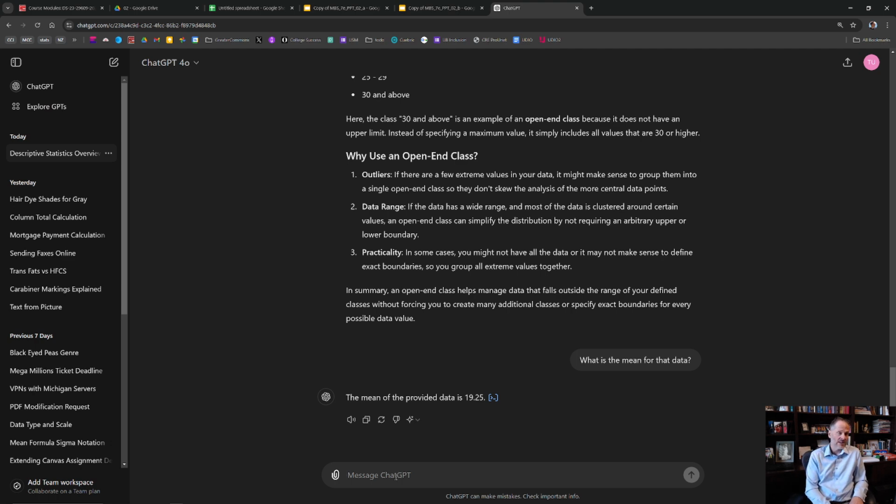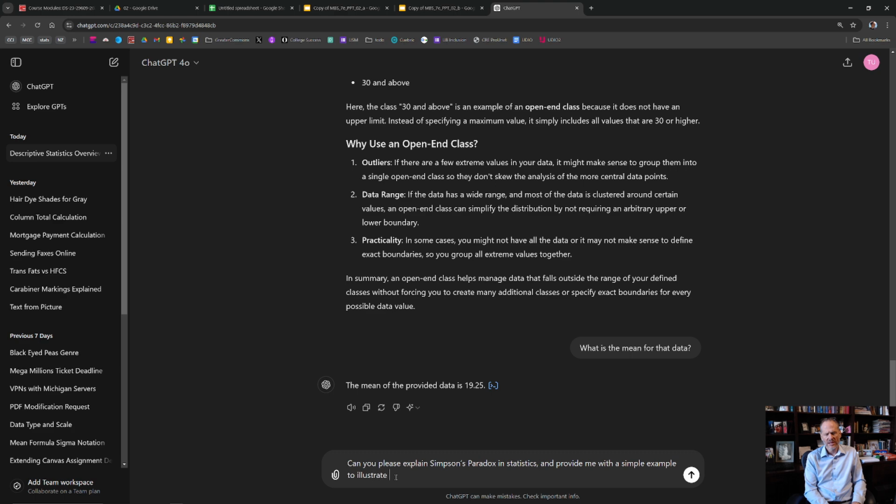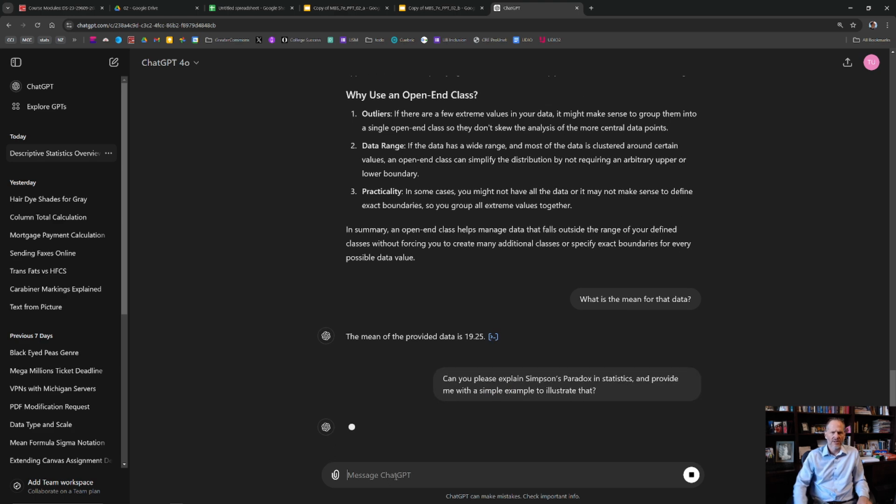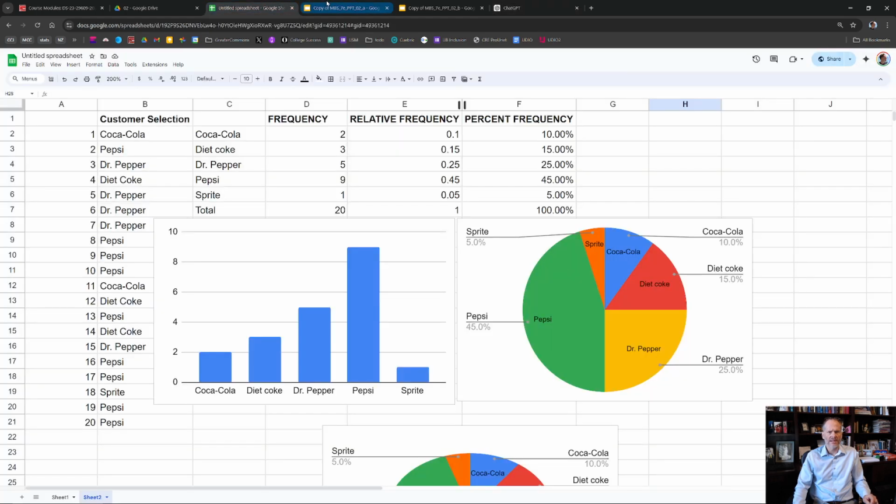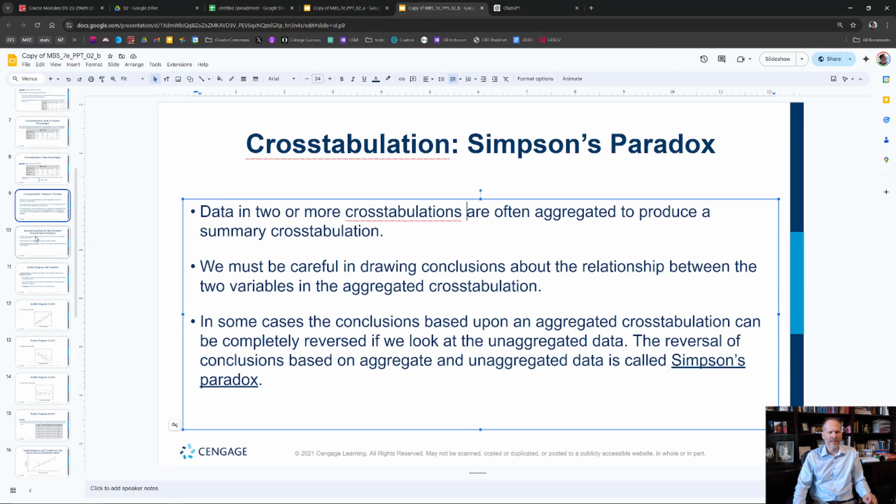So that's a paradox, and it arises sometimes, and we'll ask ChatGPT, can you please explain Simpson's paradox in statistics and provide me with a simple example to illustrate that. All right, so we'll come back to that in a second. We'll let that generate, and we'll move on to the next one.